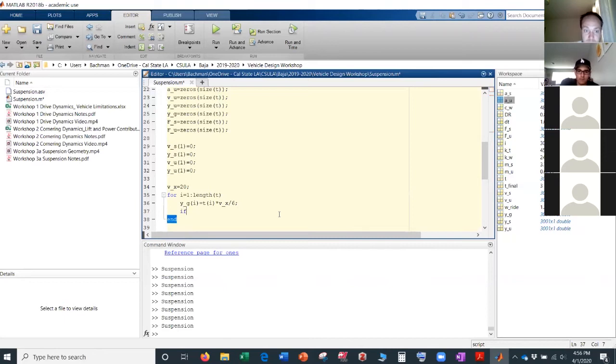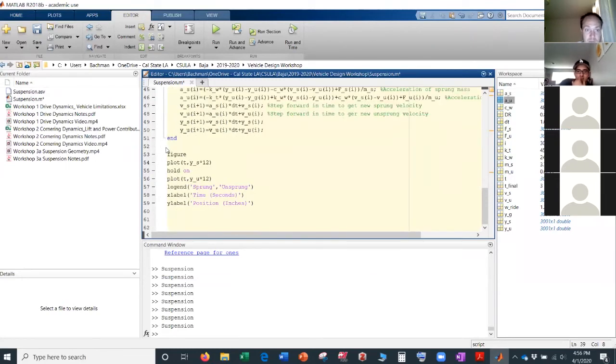If t of I is greater than 1 foot divided by Vx, then y of the ground is equal to 0. It's going to go back to 0. Okay, so the first thing I'm going to plot is a figure.